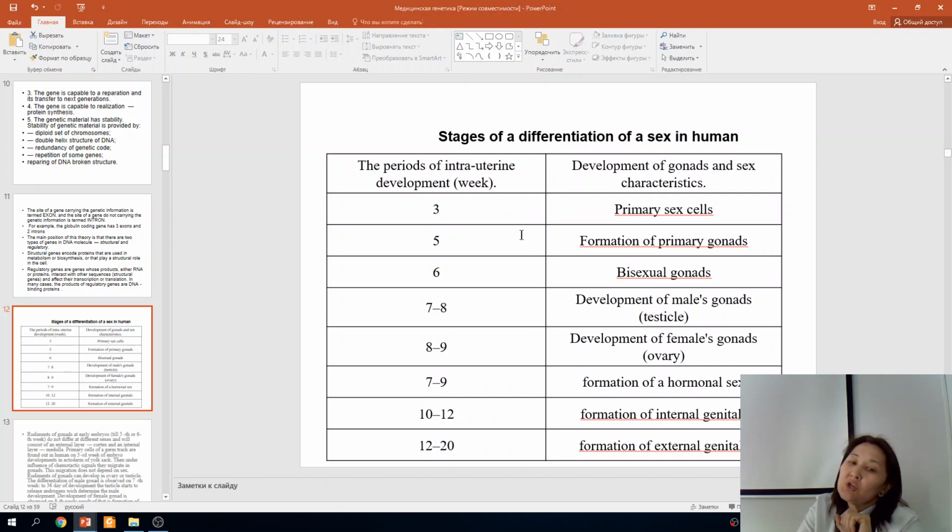Please transfer this timetable into your sketchbook.